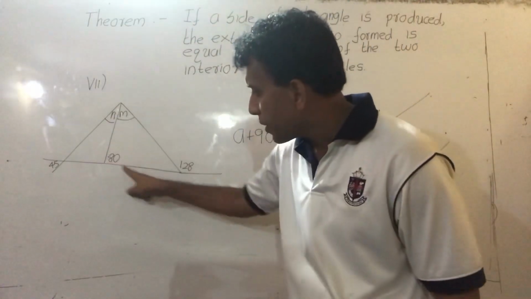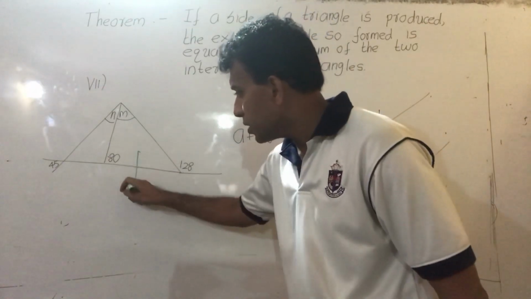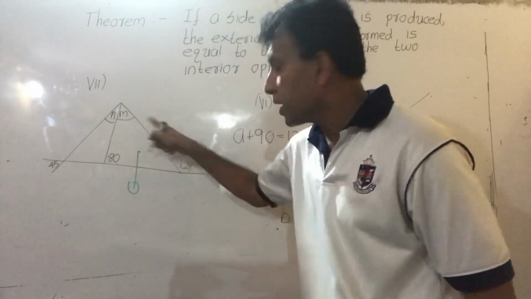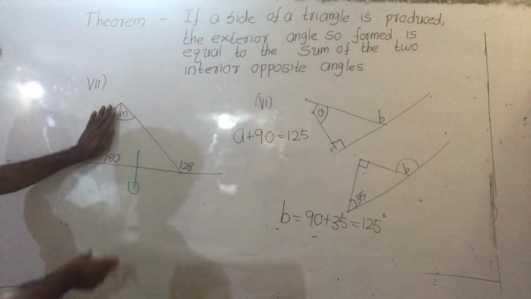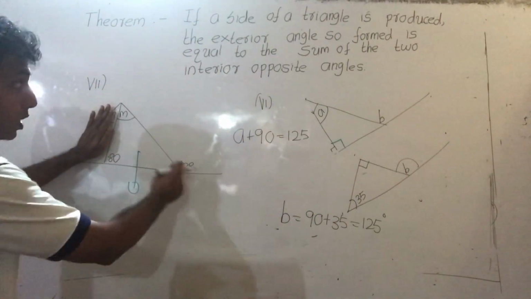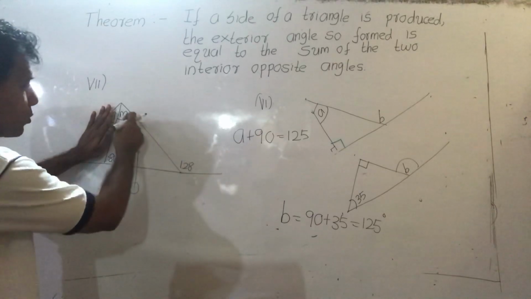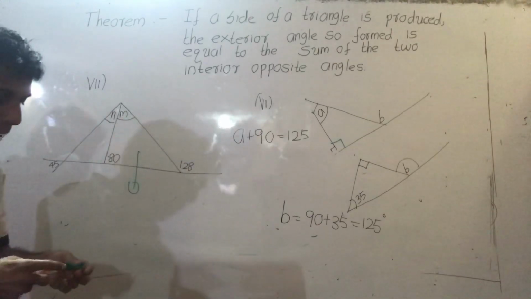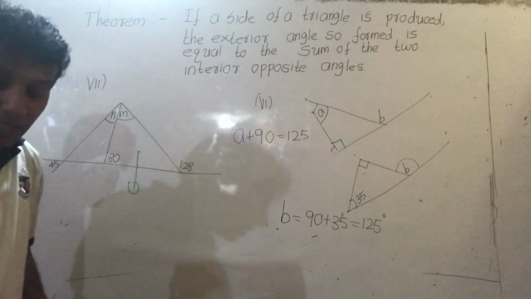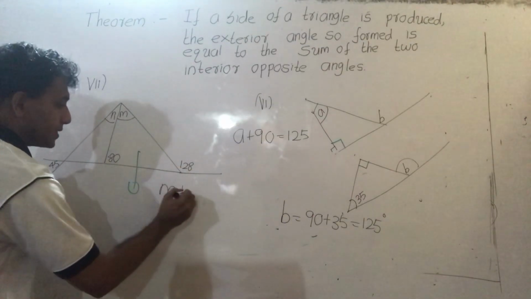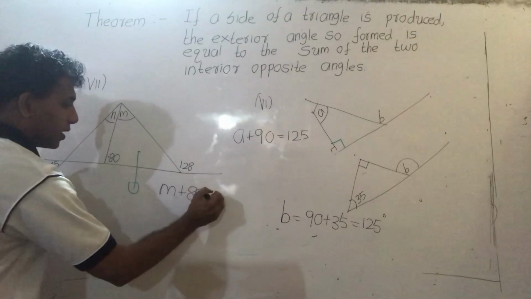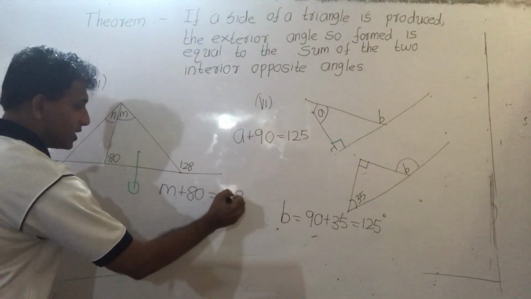First take this triangle, complete the M answer, forget the other part. The side is produced, so the exterior angle equals the addition of these two. M plus 80 equals 128 degrees.